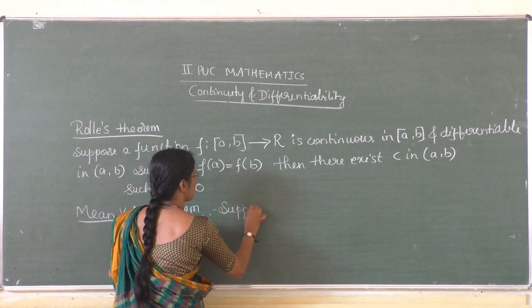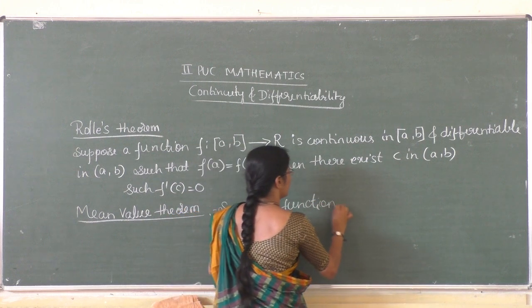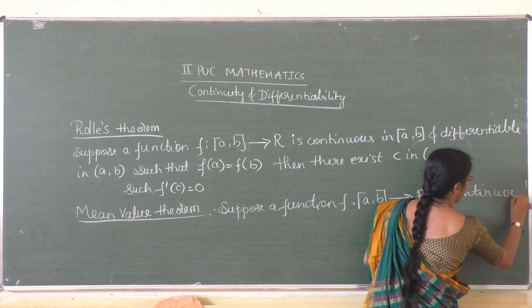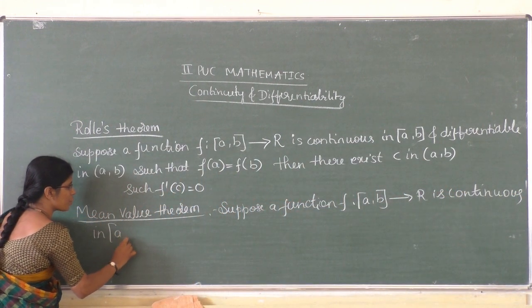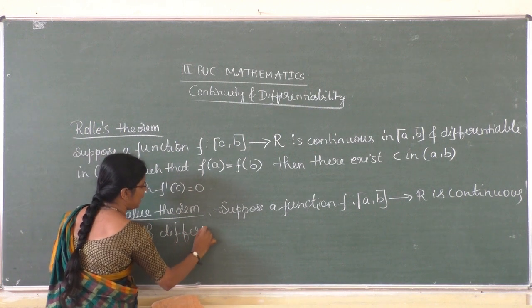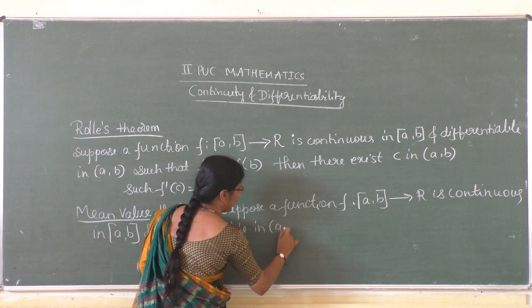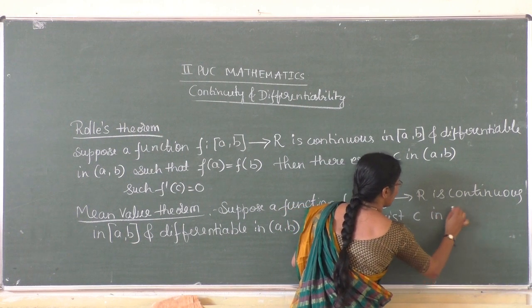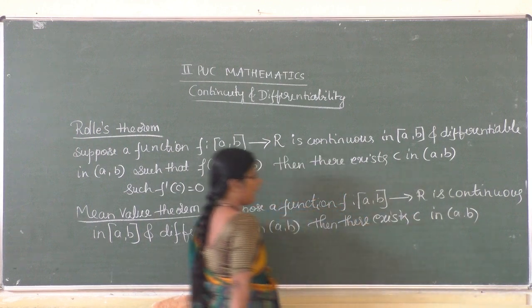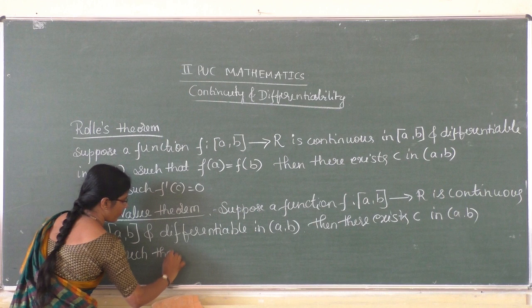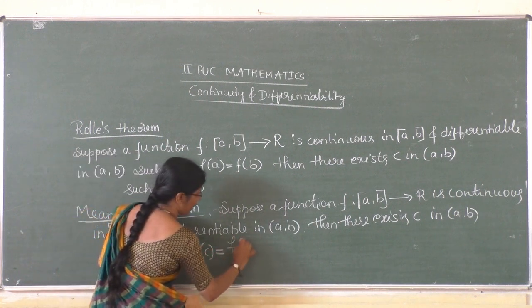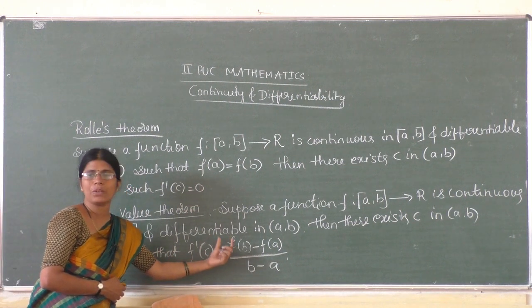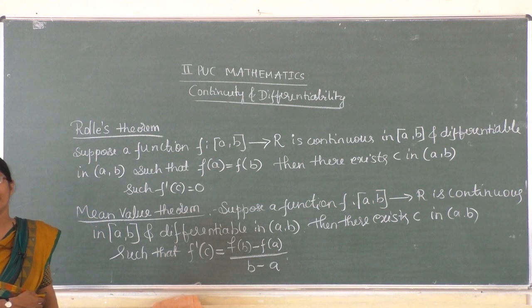Suppose a function f from the closed interval [a, b] to R is continuous in the closed interval [a, b] and differentiable in the open interval (a, b), then there exists c in (a, b) such that f'(c) is equal to (f(b) minus f(a)) divided by (b minus a).